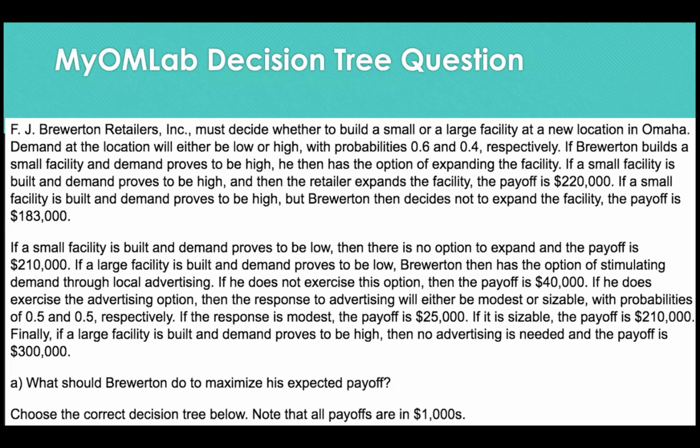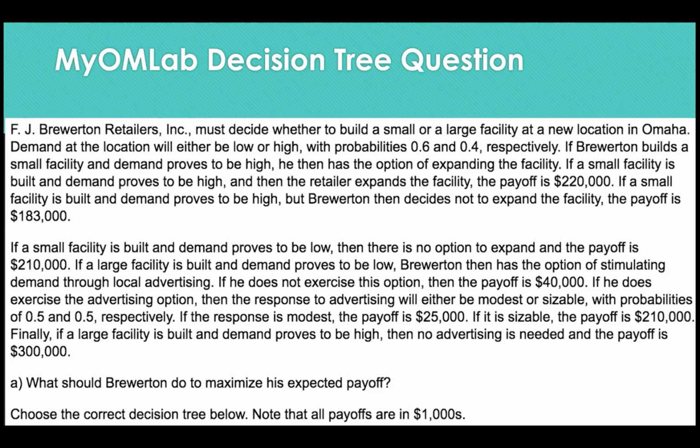Demand at the location will either be low or high with probabilities 0.6 and 0.4 respectively. If Brewerton builds a small facility and demand proves to be high, he then has the option of expanding the facility.